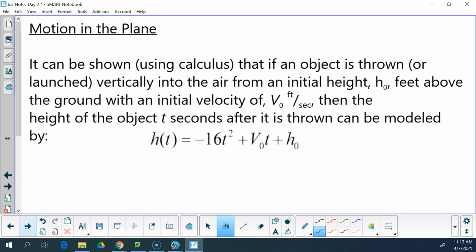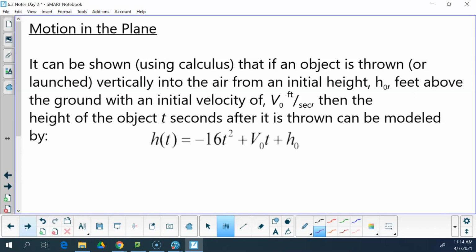It can be shown using some calculus that if an object is thrown or launched vertically, so we're only launching things vertically, so up and it comes straight back down. No wind, we're in a vacuum, all that fun stuff. The only thing that's acting on the object is gravity.